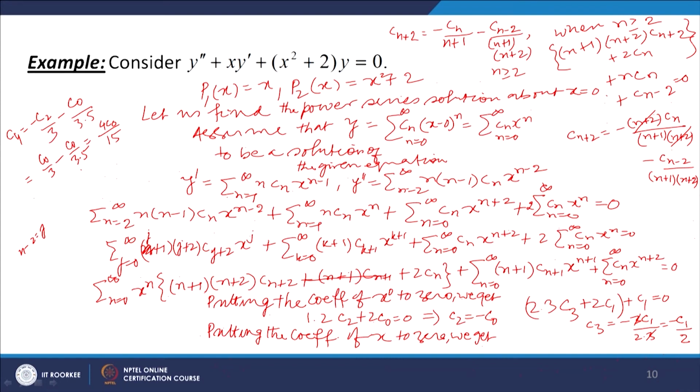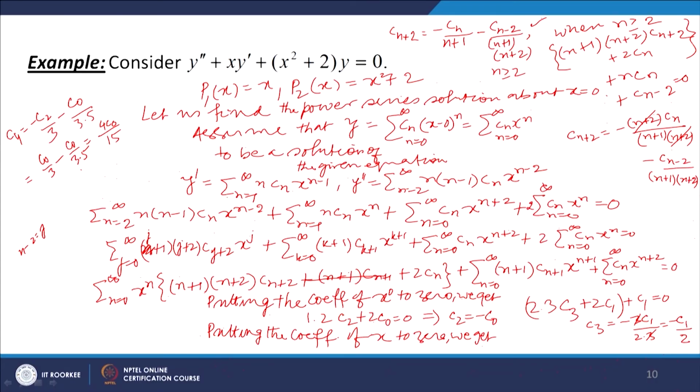We can find then C5, C6 and so on from this recurrence relation. What will happen here, you will have two arbitrary constants, C0 and C1. C2 depends on C0, C3 depends on C1.